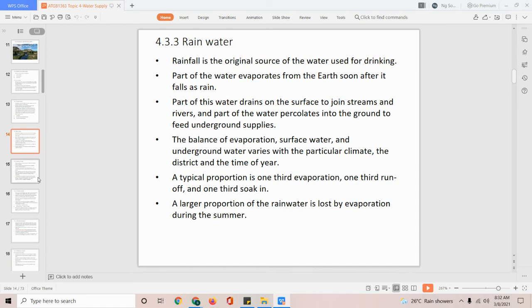Okay, so then finally we have your rainwater. So rainwater is an original source of water used for drinking. So then there's a problem with rainwater, because only when it rains we collect it.